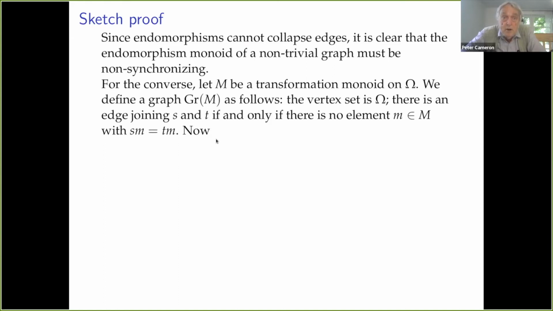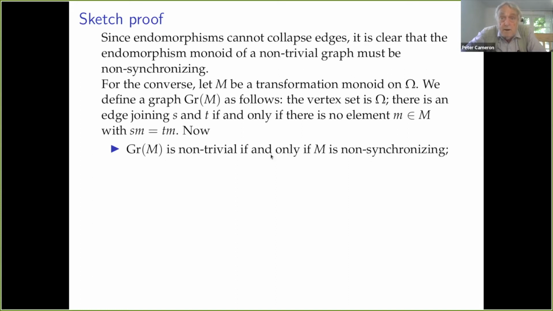So what do we have to show about it? We have to show that it's non-trivial if and only if M is non-synchronizing. In other words, if you can't collapse everything to a single vertex, there are two vertices that you can't collapse together. And really that's because if you could collapse any two vertices, then you just do that over and over again, and everything will get collapsed to a single vertex.